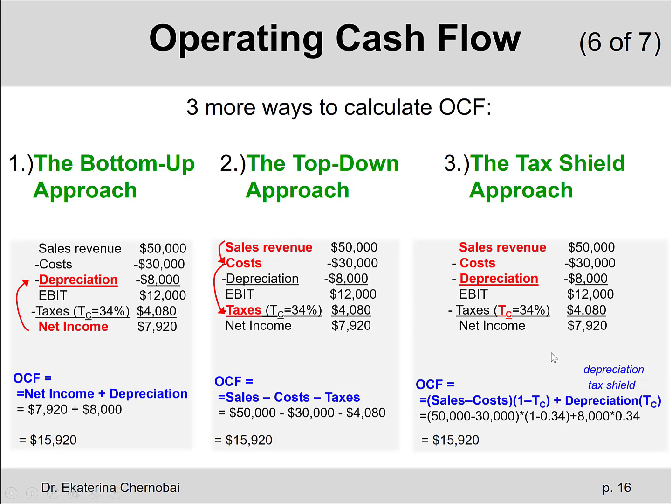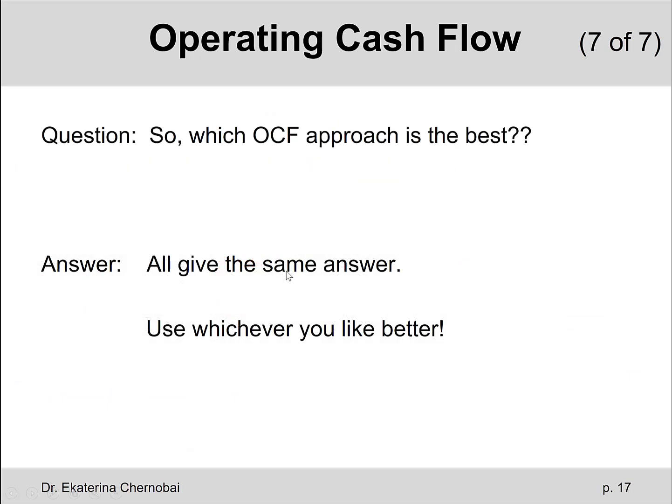You don't need to calculate anything first before you use this OCF formula. But in general, it's completely up to you. All approaches, all formulas, all four of them give the same numerical answer, and you can use whichever one you like better.